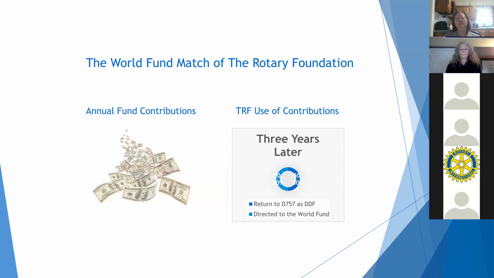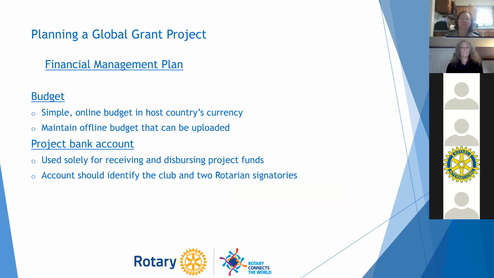So our district gets significantly more than 50% back as long as we're doing global grant projects that get the World Fund match. The Rotary Foundation is going to look at your budget and is going to require the funds for a project to be segregated into an account specifically for the project.